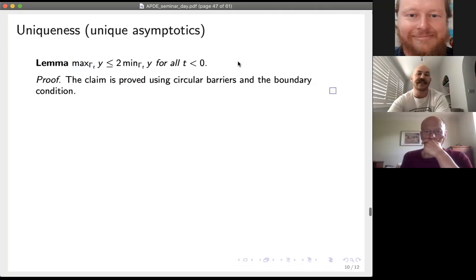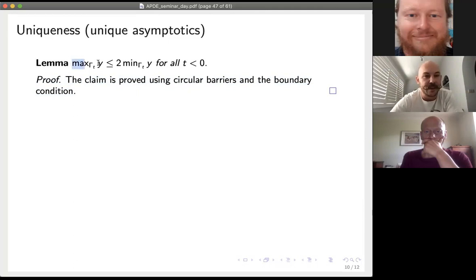I won't give the proof, but it's fairly easy to prove using the boundary condition and barrier arguments using free boundary circles. You can control the curvature, which allows you to control the height, because the speed is the curvature, and things like this.